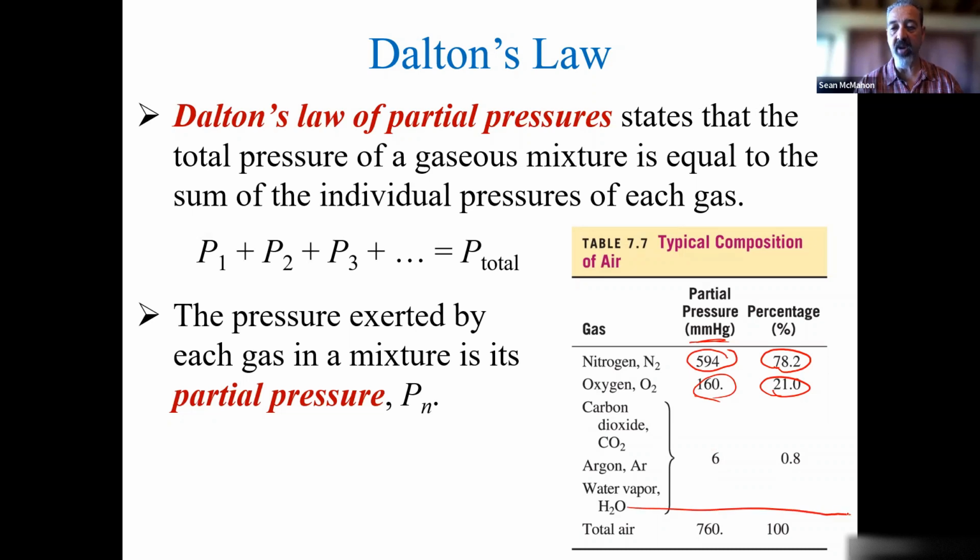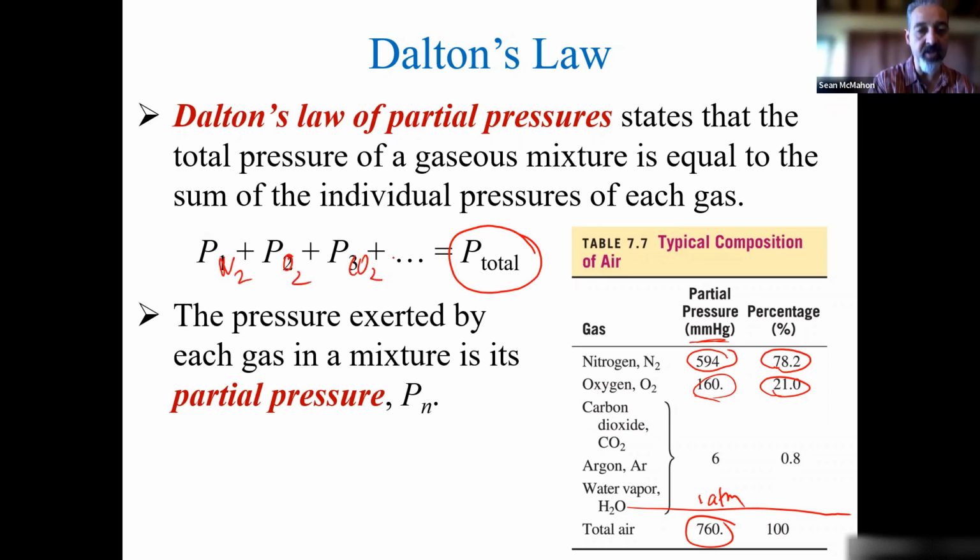And if we add this all up, we get 760 millimeters of mercury, which is roughly 1 atm. So all we're really doing is adding up the parts to get the total, right? Like this could be your nitrogen, this could be your oxygen, this could be CO2, and then you'd have water vapor, you'd have argon, you keep going, you add it all up and you get your total.